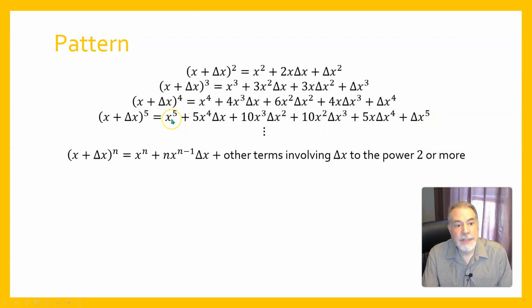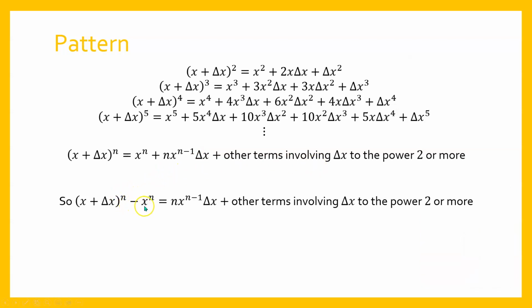And the terms involve delta x to the 0 power, 1 power, 2 power, 3 power, 4 power, 5 power. And then the coefficients are 1 and 5, and then some others that, for what we're doing right now, we don't really care about. This is what we need for this proof. That if you take x plus delta x to the nth power and multiply it out, you get x to the n plus n times x to the n minus 1 times delta x, plus other terms that each involve delta x to the power 2 or more.